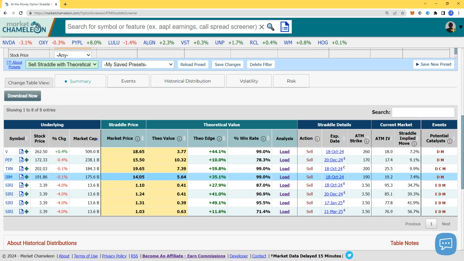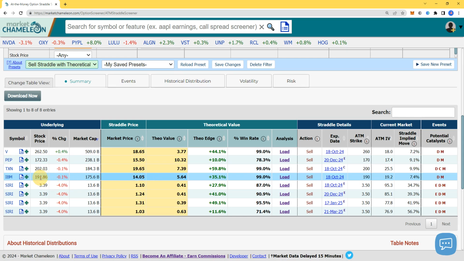If it just stays the same, don't count on the stock to not move for 90 days, but your max profit is 1,400 and the theoretical value is basically 560. So it's almost 3 times more that this straddle will expire worthless. Now, how much worthless? I don't know. Just so you understand, don't get too excited.